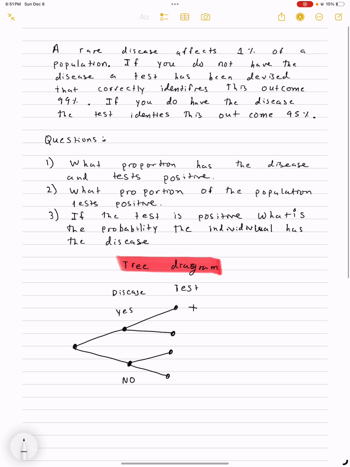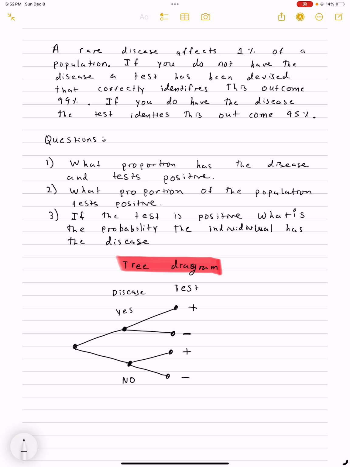So if we have the disease and we test positive for the disease, that's a good thing. If we test negative and we have the disease, that's called a false negative. Okay, again, the outcomes are positive or negative. So if we don't have the disease and we test positive, that's a false positive, that's a bad thing.